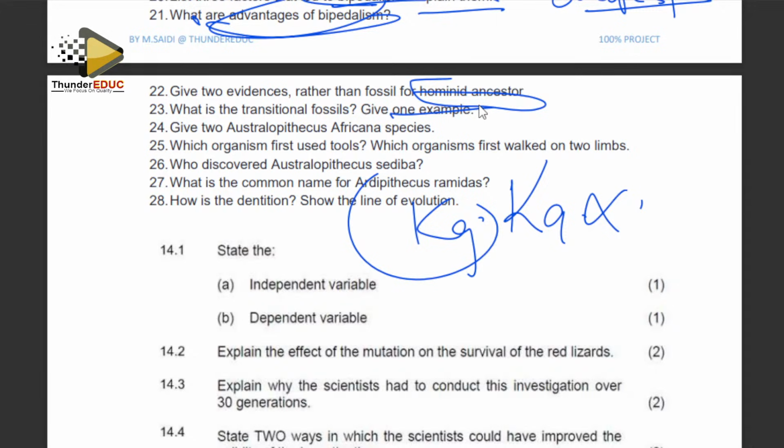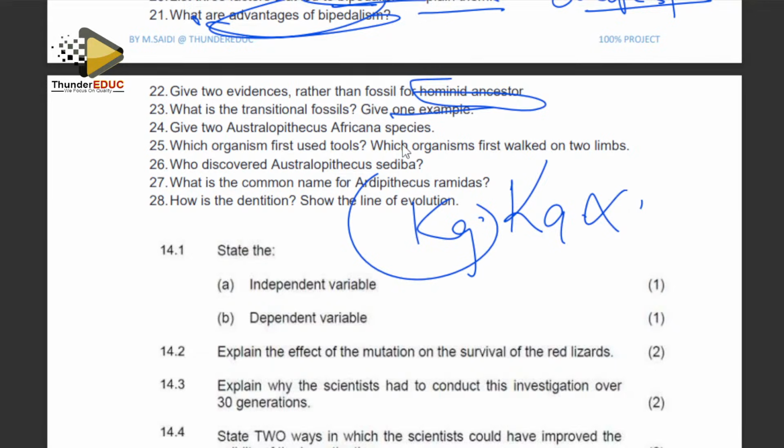All right, Advice, yes, your answer is correct. Advice is telling you that Karabo is a transitional fossil, and I'm also saying that Karabo is a transitional fossil. Yes, it is a missing link.